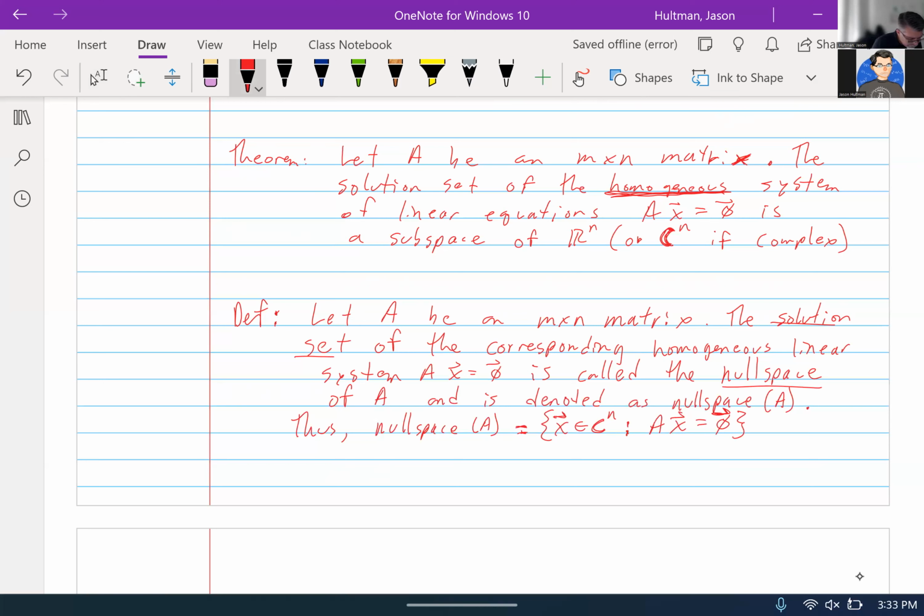Okay, and that's the general definition. Since Rn is contained in Cn, you could put Rn as well if you were dealing with just the real number system. So let me box this.